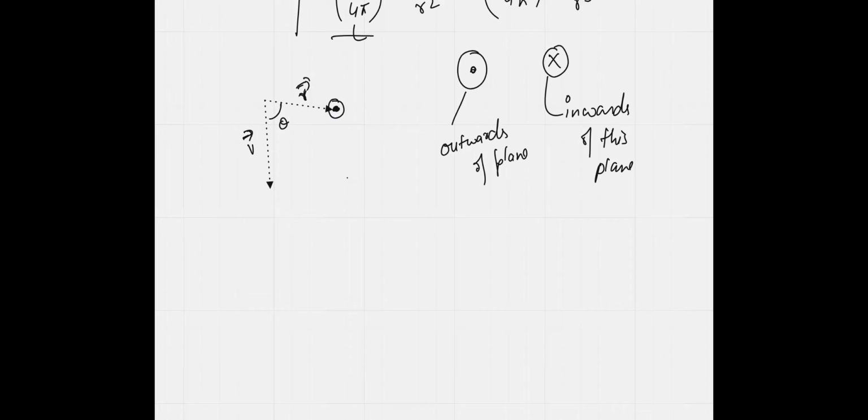Now assume that this is your V, this is your R. What do you think should be the direction of your magnetic field? Inwards, right? Makes sense. So we can move to the next thing.